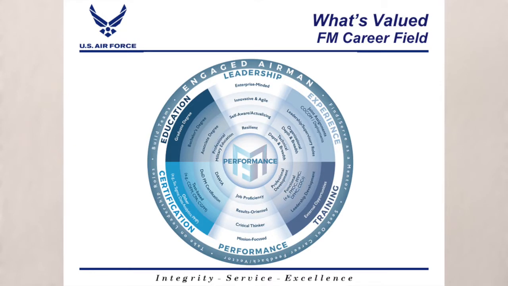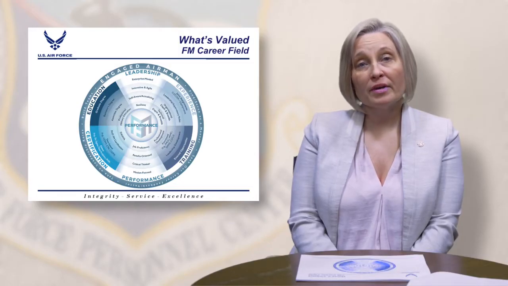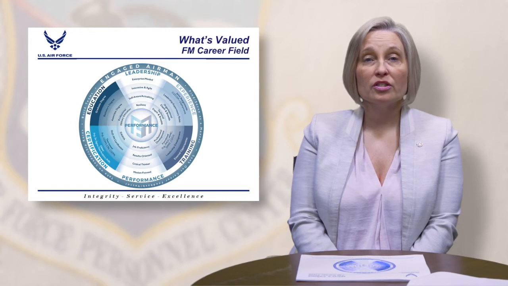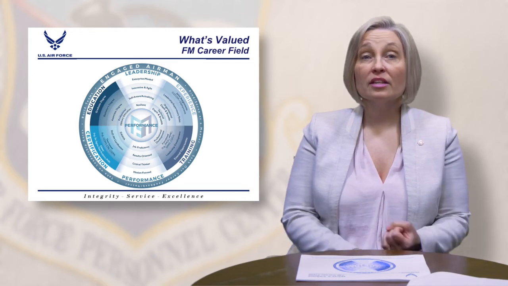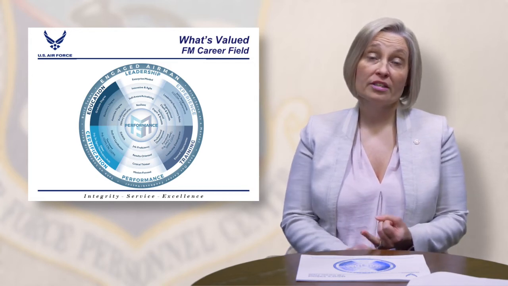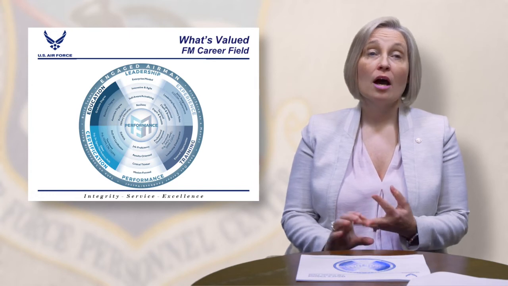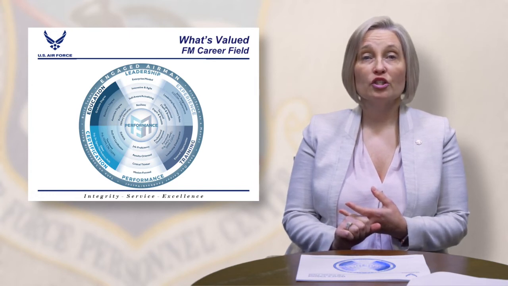How do we evaluate your record? So when you go forward with your package, the development team is going to look at a myriad of things. We look at primarily the What FM Values graphic. And the first thing that you'll see there in the middle, the bullet, is performance. So as you build your resume, there's going to be things that you can build into your resume, things such as awards that you've received, decorations you've received, accomplishments that you've held in each job.